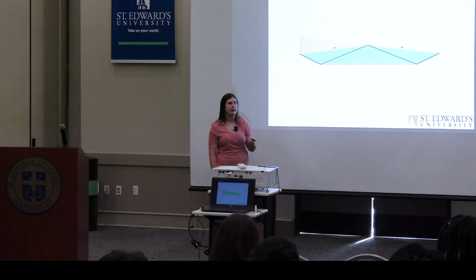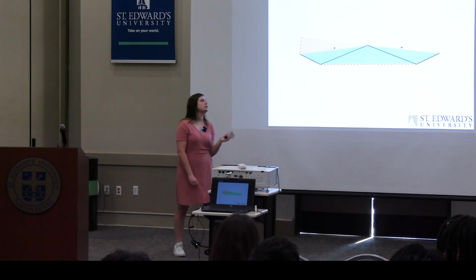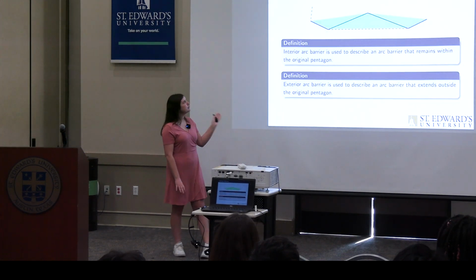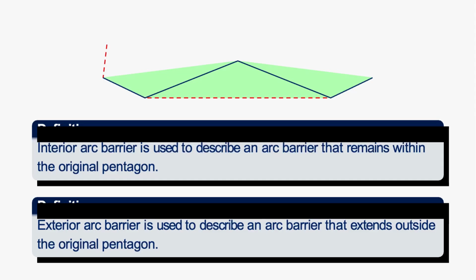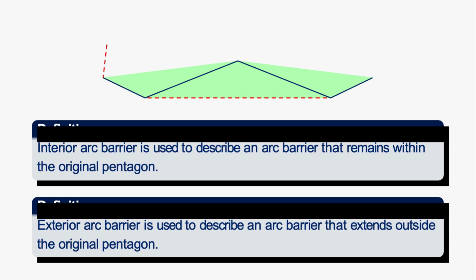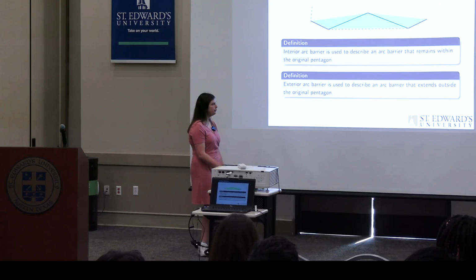We saw with the regular one, it did not, and so I want to see when it does. And just for clarifying definitions, anytime I say interior arc barrier, that's just used to describe a barrier that happens to remain inside the shape, so that zigzag barrier, and then an exterior arc barrier is just used to describe a barrier that happens to go outside of the shape, so that red line.